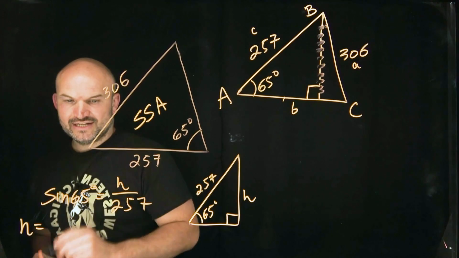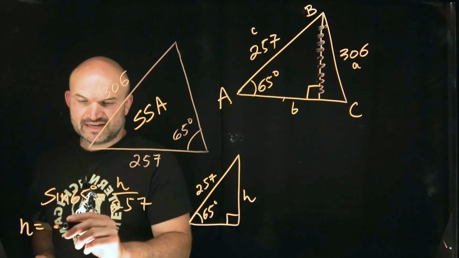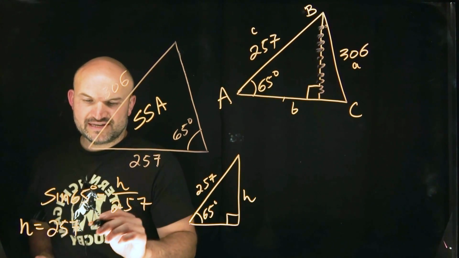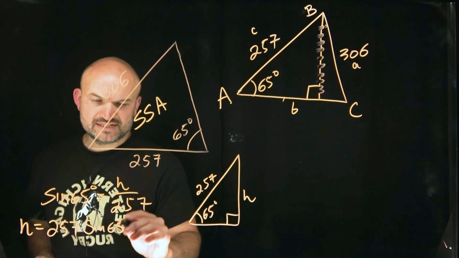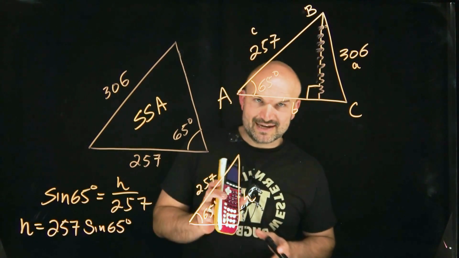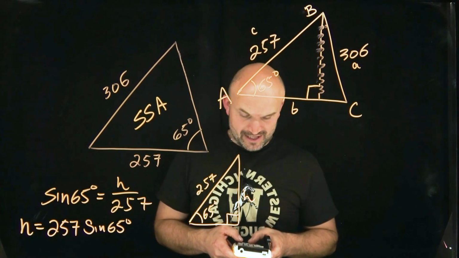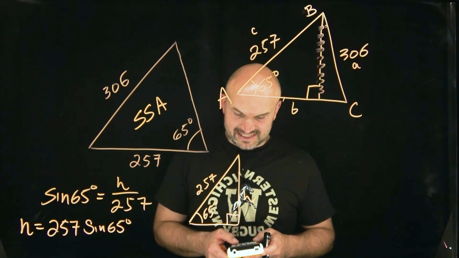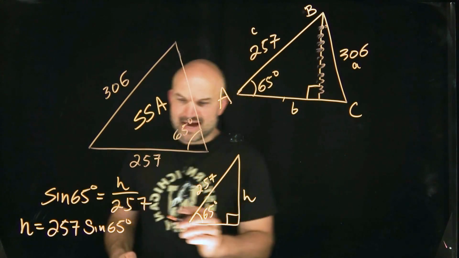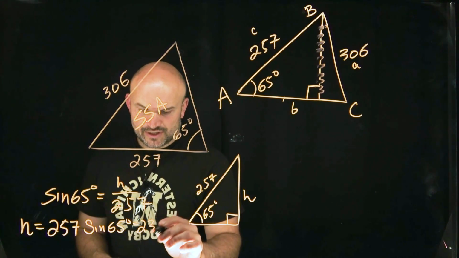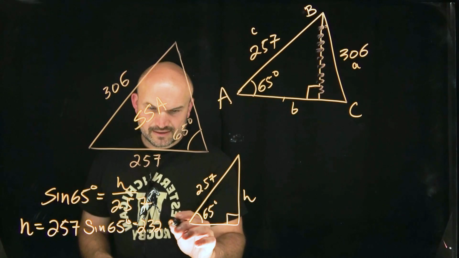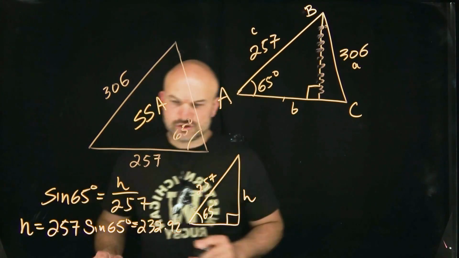Therefore h equals 257 times the sine of 65 degrees. Make sure your calculator's in degree mode, and that gives me 232.92. We'll just leave that truncated right there.